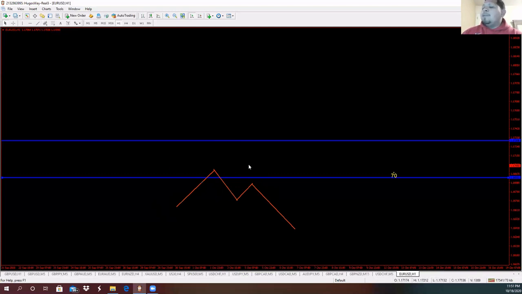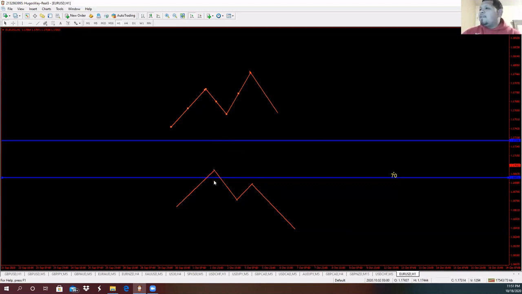And whenever this happens, if price gives us a high and a higher high, we know that we have divergence in place.